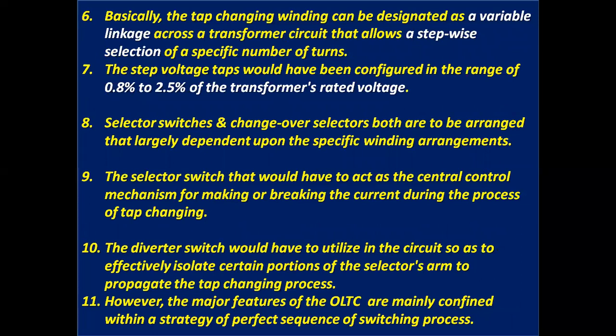Number 6, basically the tap changing winding can be designated as a variable linkage across a transformer circuit that allows a stepwise selection of a specific number of turns.